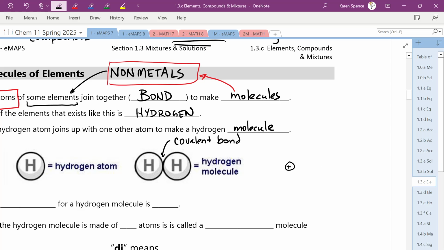And it's just atomic number 1, so how many protons does it have? 1. And its mass is also 1. So how many neutrons does it have? 0. Because protons weigh 1, neutrons weigh 1.